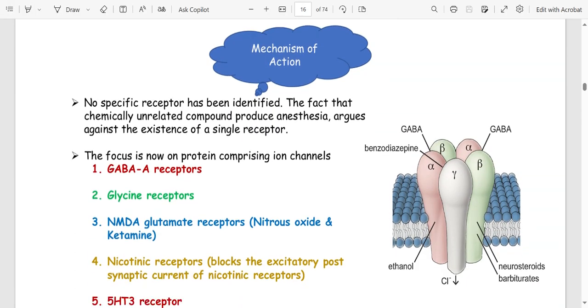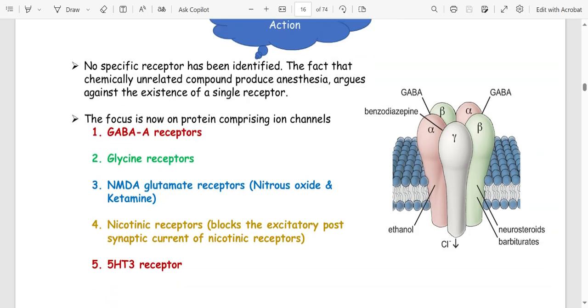Now, how do general anesthetics work? The mechanism of action of general anesthetics, there is no specific receptor where they bind. The fact that you have got a lot of chemically unrelated compounds which produce anesthesia means there is really not a single receptor where all of them can work.